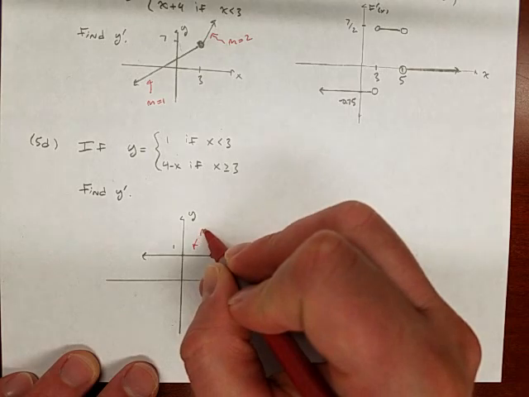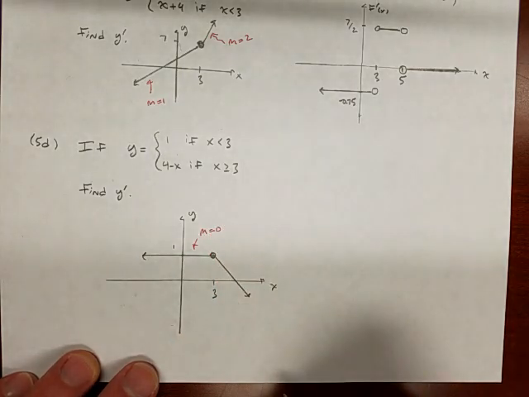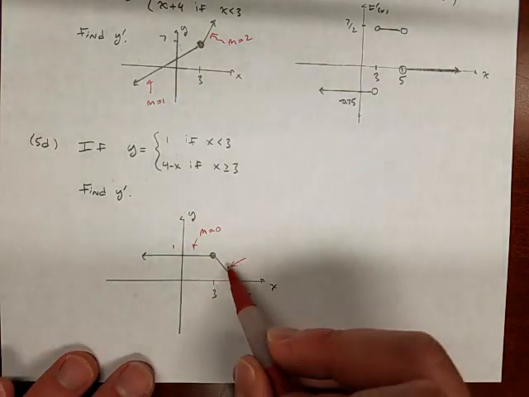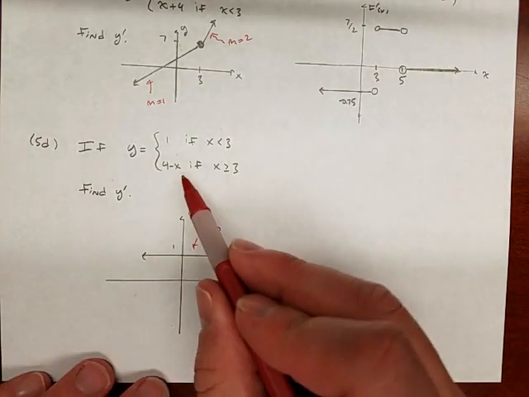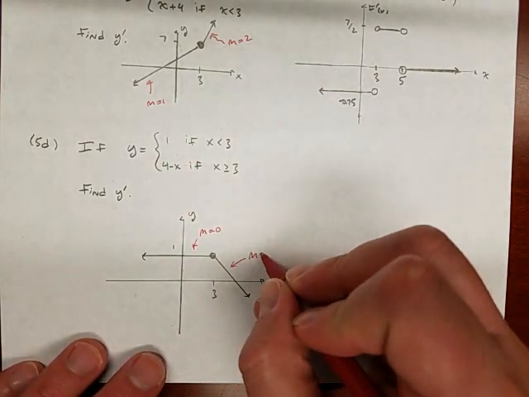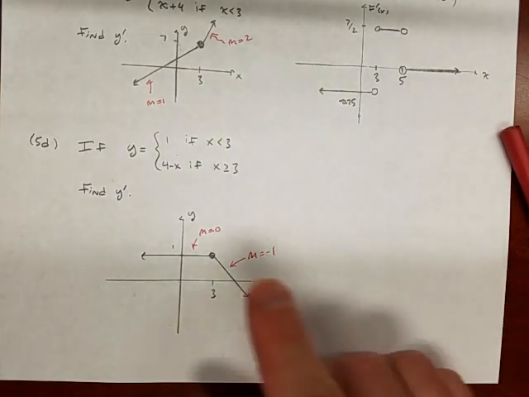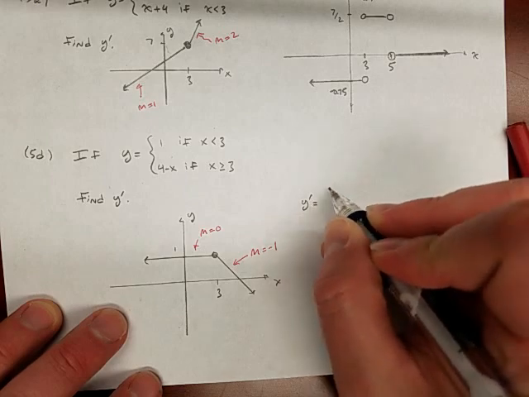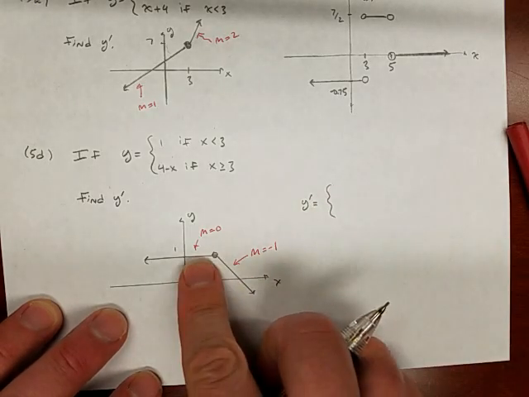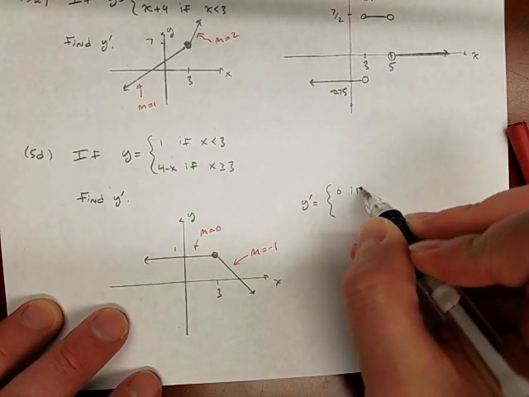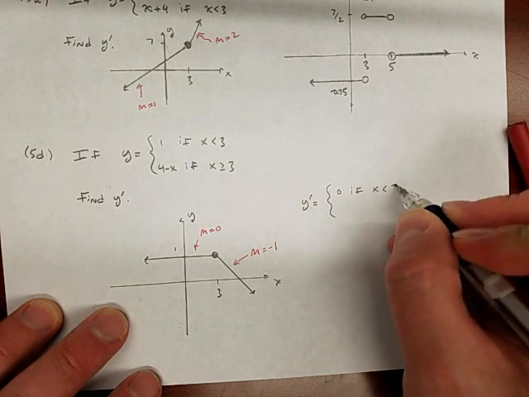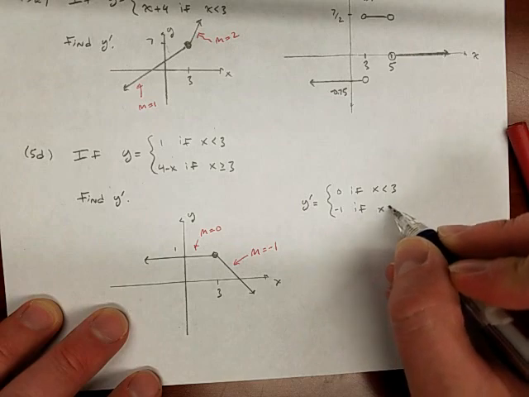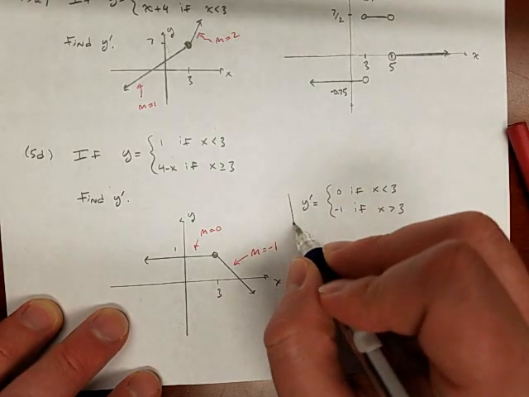That's horizontal, slope 0. This, well, it came from 4 minus x, whether you plotted points or whatever, the slope is -1. Okay, and then we have a corner point at 3. That should be easy. Y prime is, okay, 0 if x is less than 3, and then -1 if x is more than 3. There's your derivative.